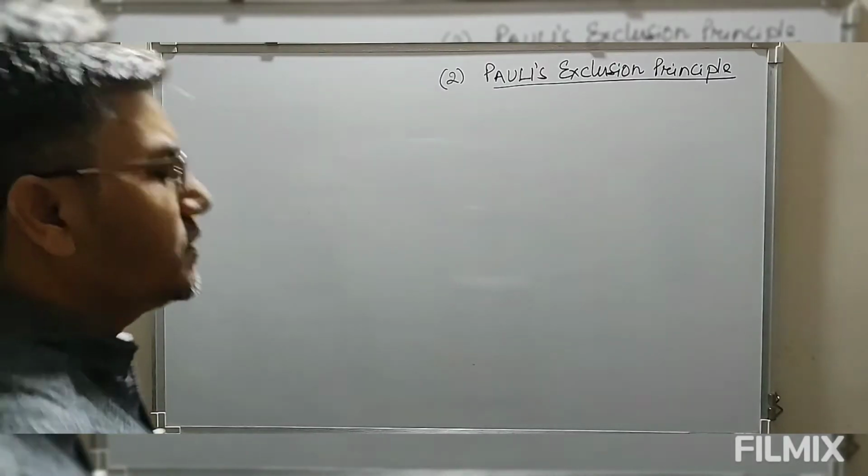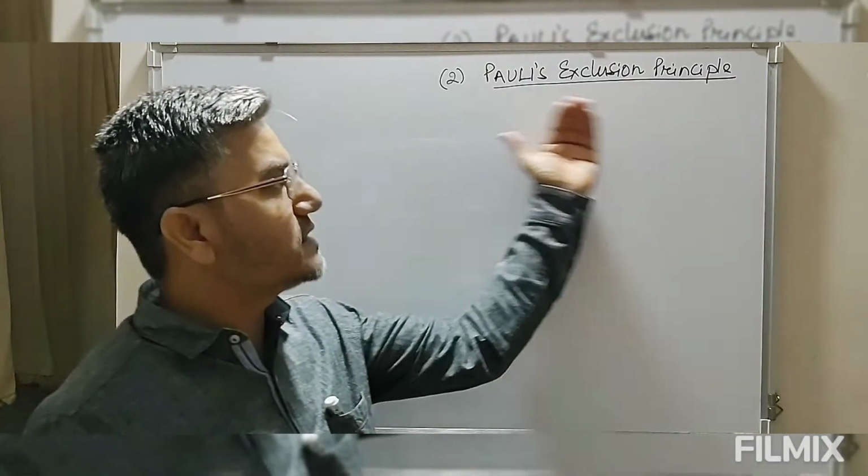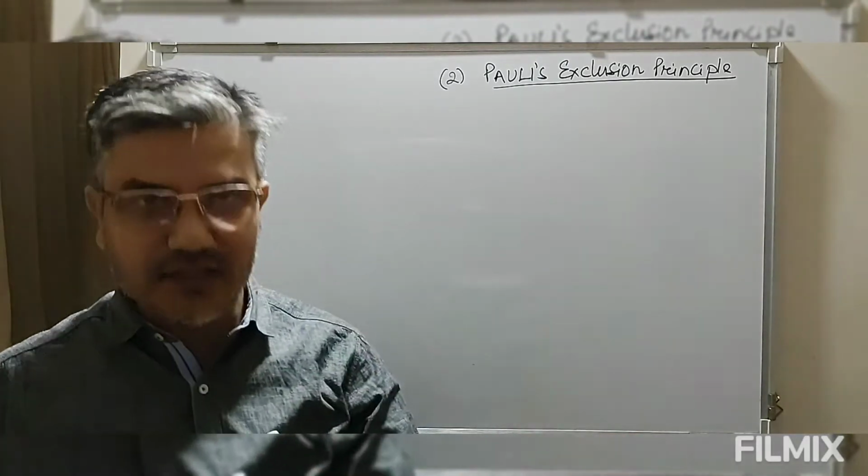The second rule for electronic configuration is Pauli's exclusion rule, or simply Pauli's rule.